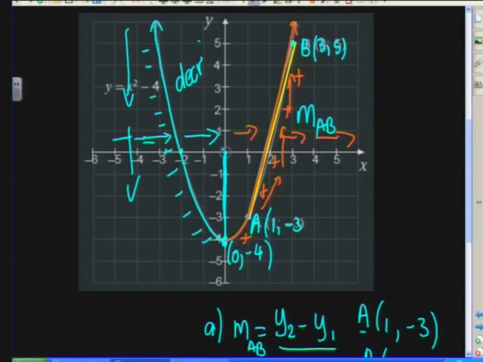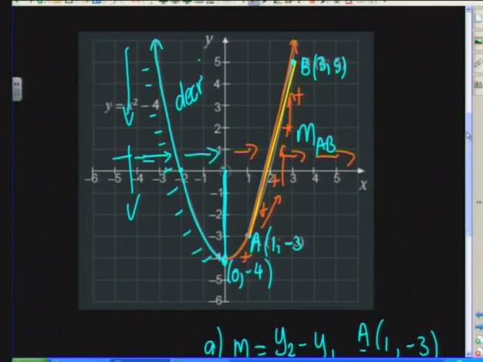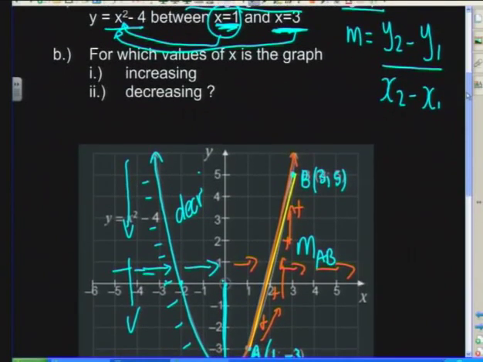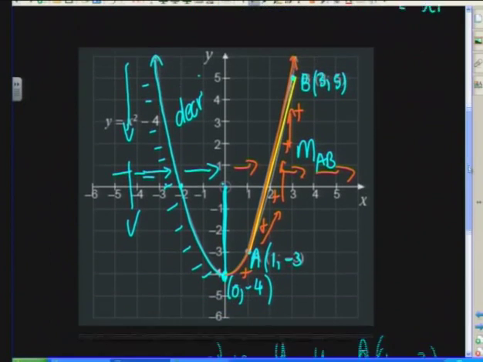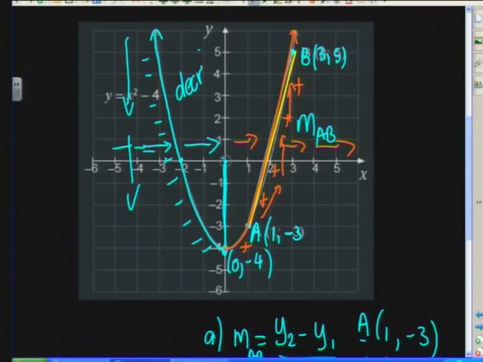So let's write this down as they wanted, which they said is for what values of x is the graph increasing. So increasing, remember that's what I've highlighted in orange. So the graph is increasing for all values where x is greater than 0. So for all values x greater than 0, your graph is increasing.